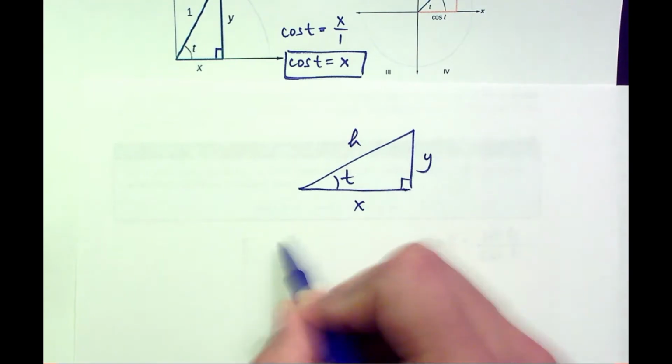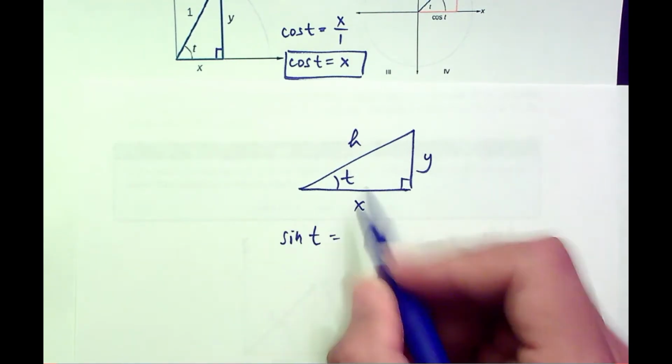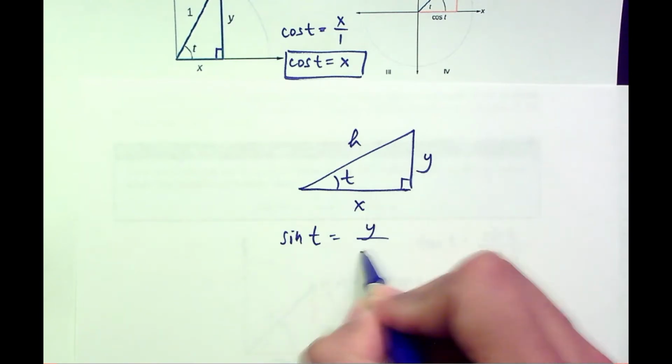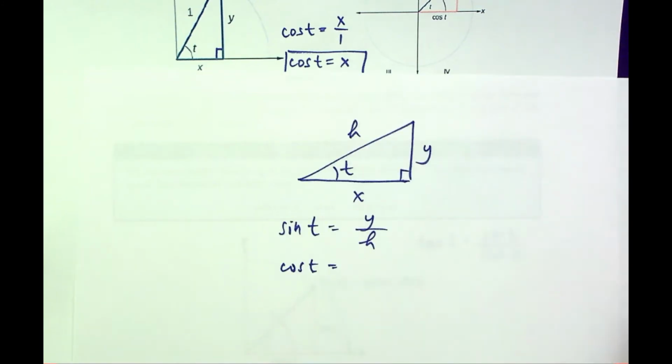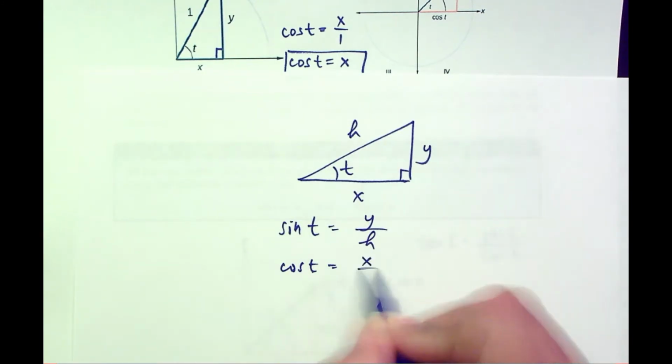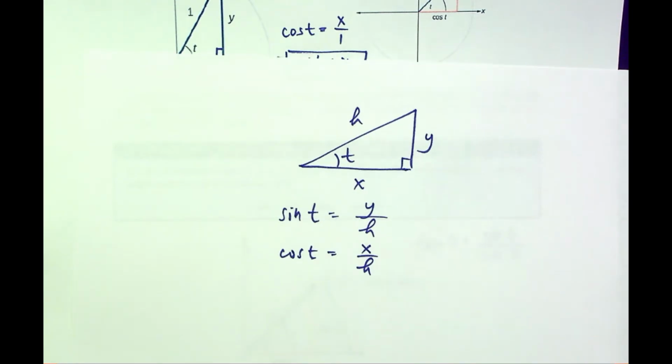All right, so if you figure this out, sine of t is opposite over hypotenuse. And then cosine is adjacent over hypotenuse. What happens if I divide sine by cosine?